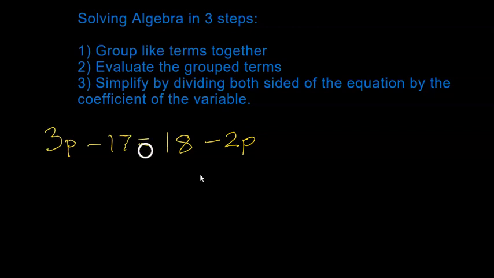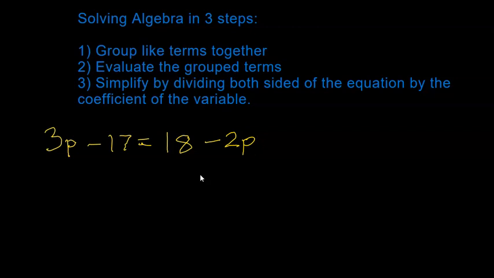So if it's plus, it will become minus on the other side. If it was minus, it will become positive on the other side. And they can travel either way, depending on how we decide to carry out the arrangement. So here we're trying to bring all the p's to the left, and all the non-p's to the right.